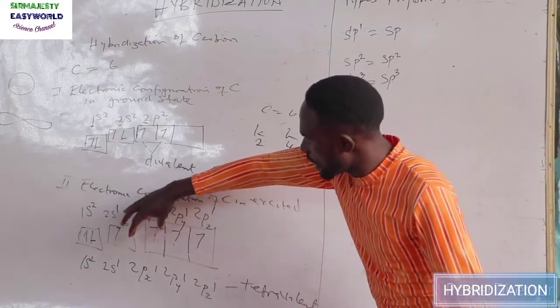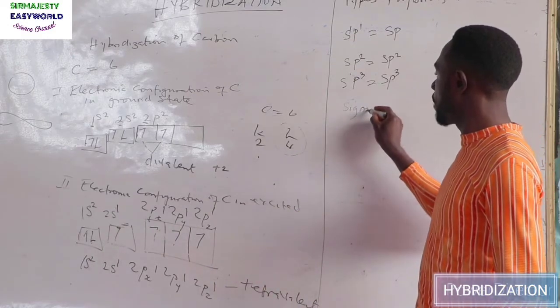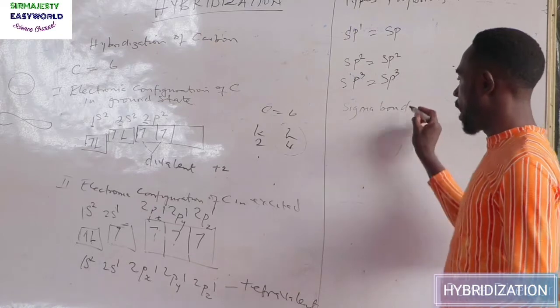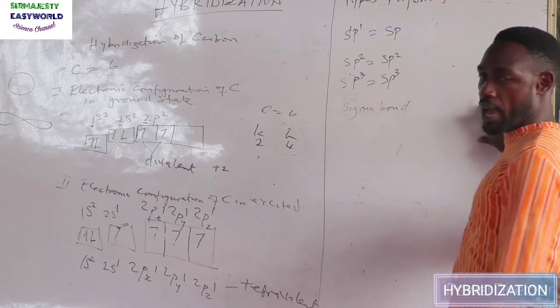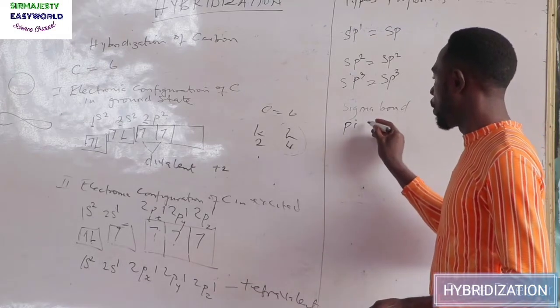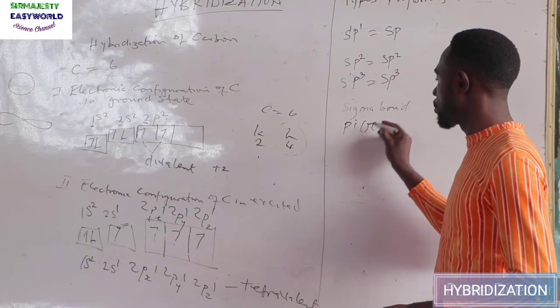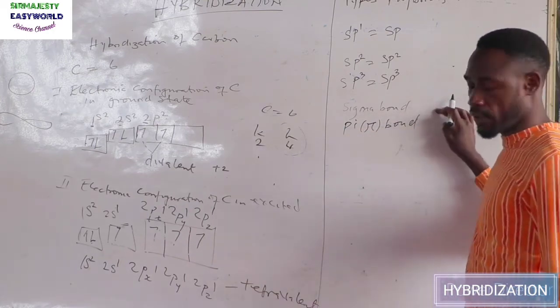The ones that are hybridized are used for sigma bond formation, or sigma hybrid orbitals. Then the unhybridized are used for pi bond, or you can use the mathematical sign to represent it. Pi bond is for unhybridized. Sigma bond is for hybridized.